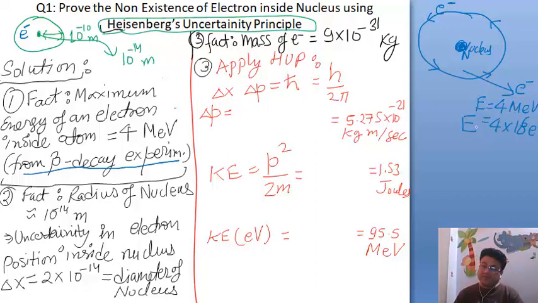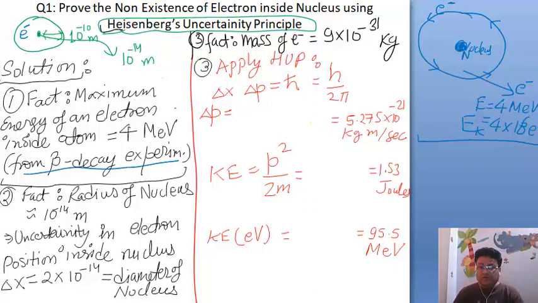So this is the kinetic energy of the electron that was being found in beta decay experiments. Okay, so this is the first fact: the maximum energy of an electron inside atom is found to be 4 mega electron volts, and it has been found in beta decay experiments when electron comes out of the nucleus with a great velocity.